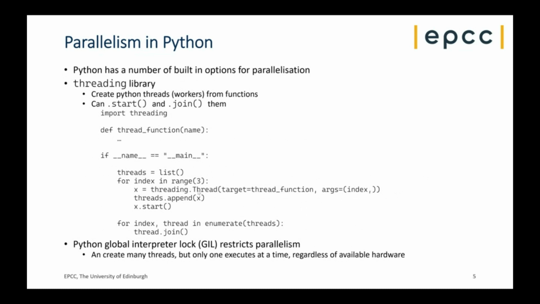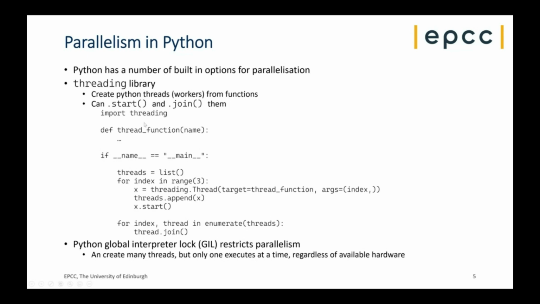And that's what Python can do through the threading library. This looks very much like if you'd ever done any programming in C with threads. You take a function in Python, and then you can wrap it up into a little worker and start that worker off, and then you can finish the worker. There's lots of complexities you can add in there, but really it lets you parcel up functions into individual workers and get them running.